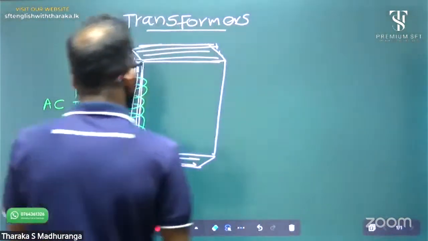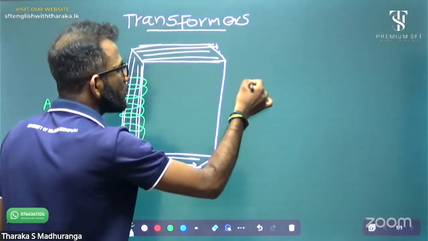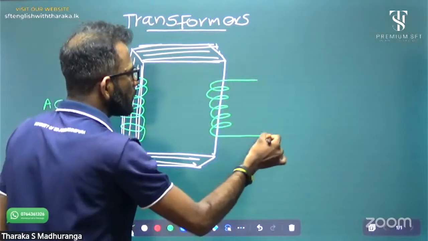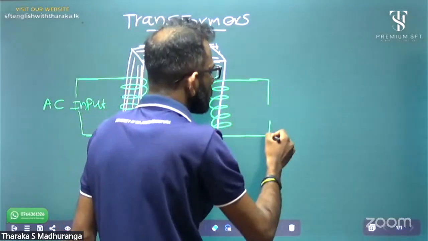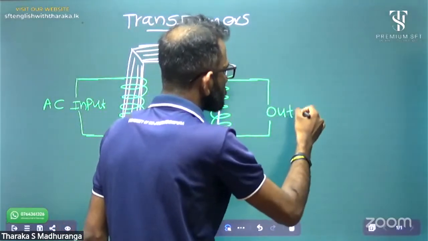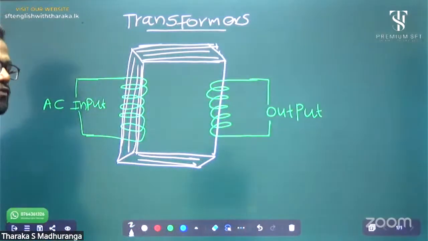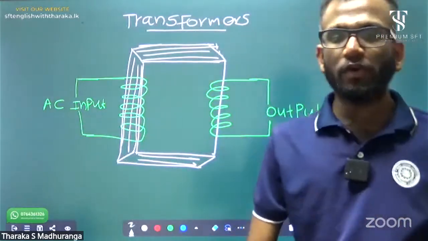The output device is connected to a secondary coil, that we call the output. Remember, the primary coil voltage, or potential difference across the primary coil, we call VP.